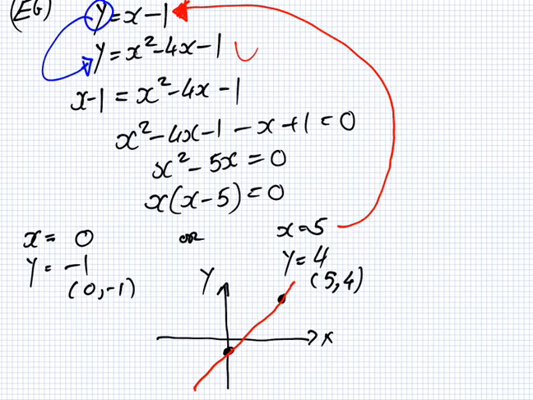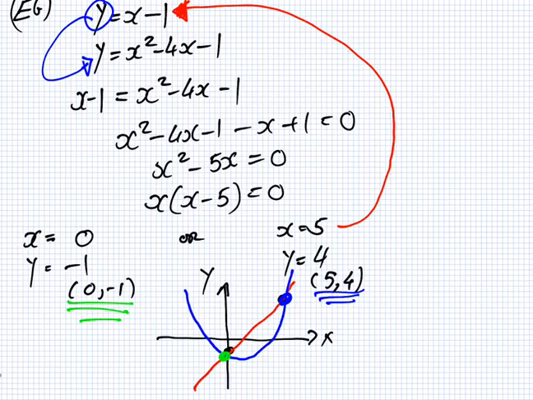So here y is x minus 1, and here y is x minus 1. So the answers are here (0, minus 1), and (5, 4).